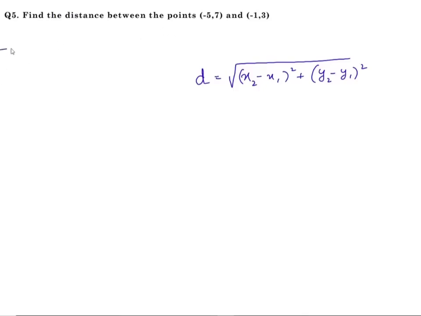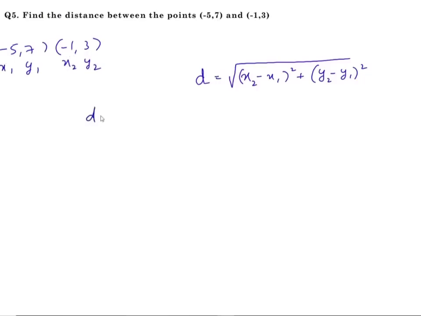What are the given points? Given points are (-5, 7) and (-1, 3). Take this as x1, y1 and this as x2, y2. x1 is minus 5, y1 is 7, x2 is minus 1, y2 is 3.